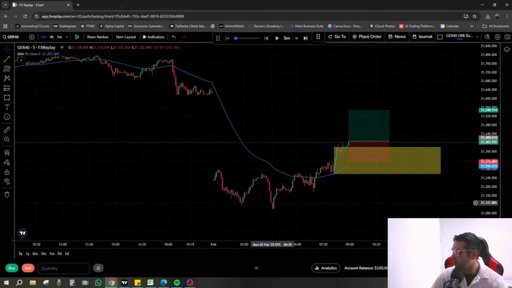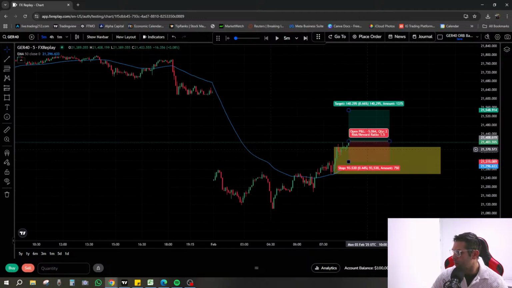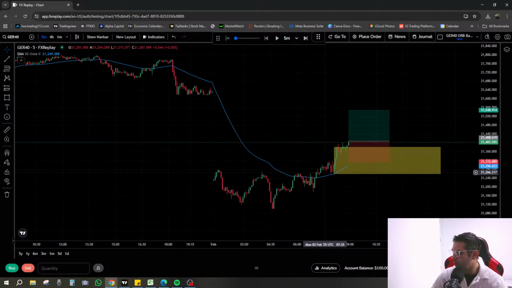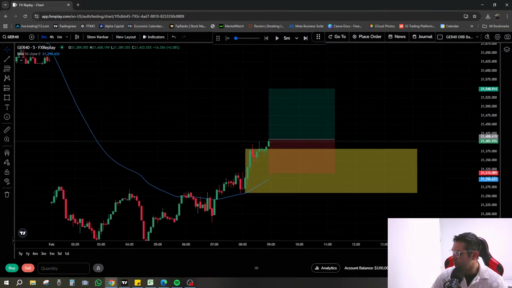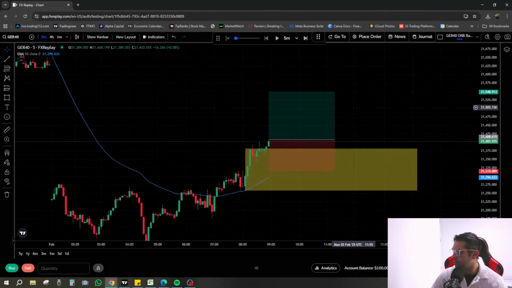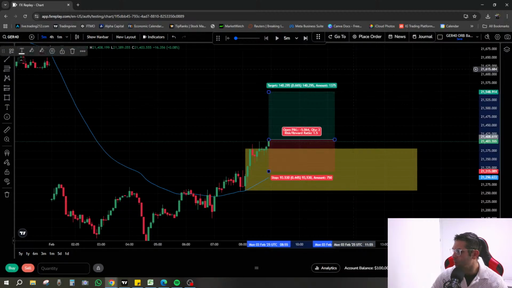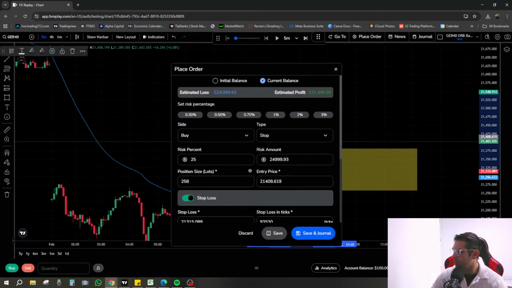So overall, I like the structure. It closed above the 50 EMA, which is promising, and then we also have a bullish structure, so it gives us some kind of confidence to go long, and then we're gonna place the order and risk 1%.